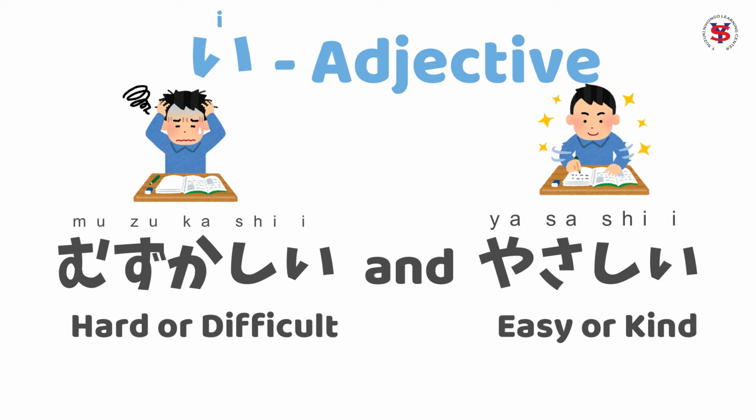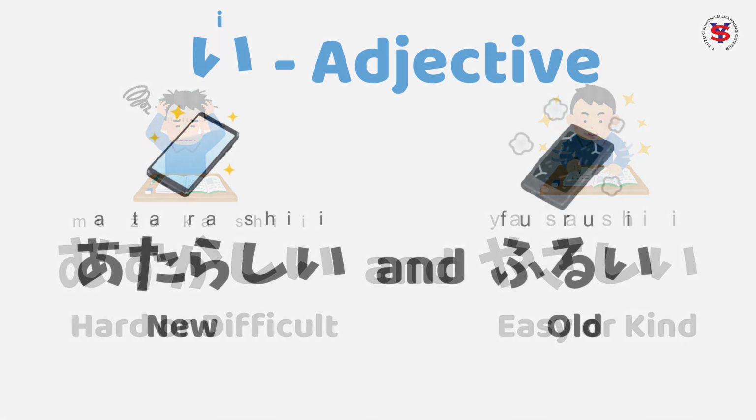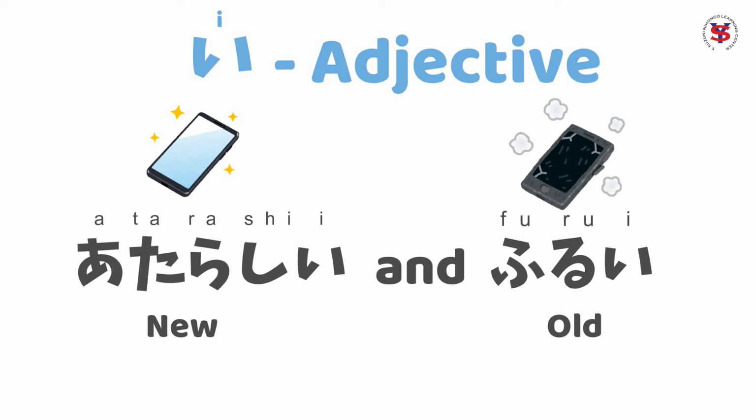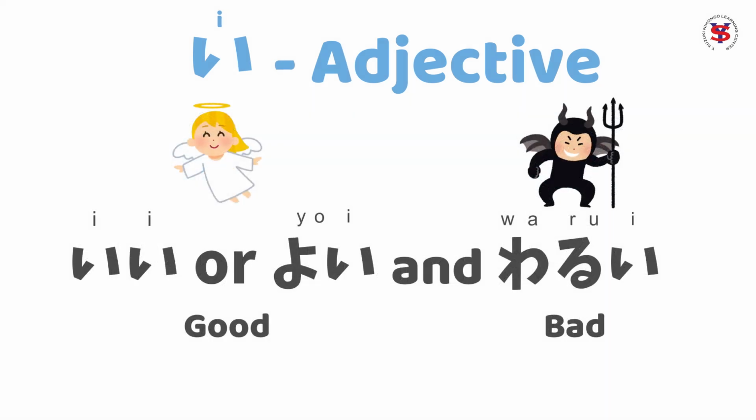And then yasashii for kind or easy. We have atarashii for new, and furui for old. I or yoi for good, and warui for bad. If you notice, lahat ng mga ito ay mayroong i sa hulian, kaya naman tinatawag silang i adjective.